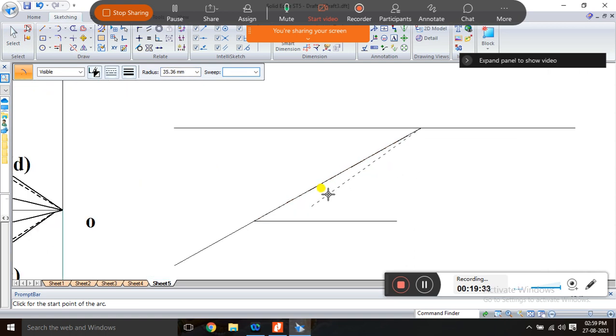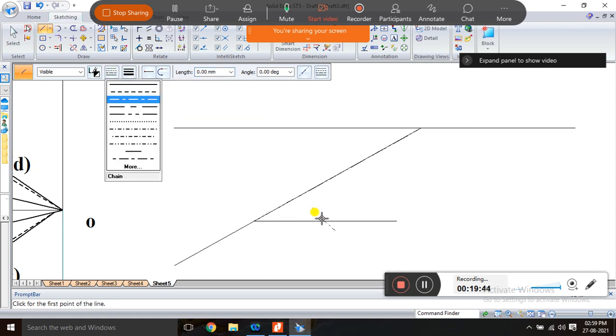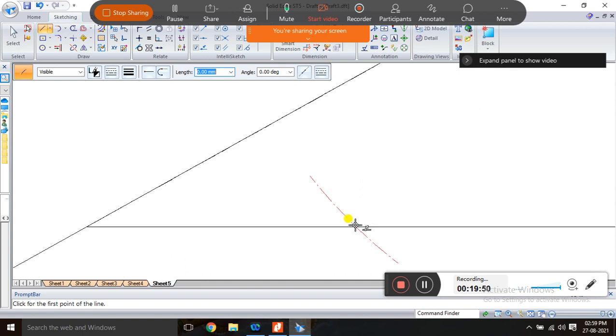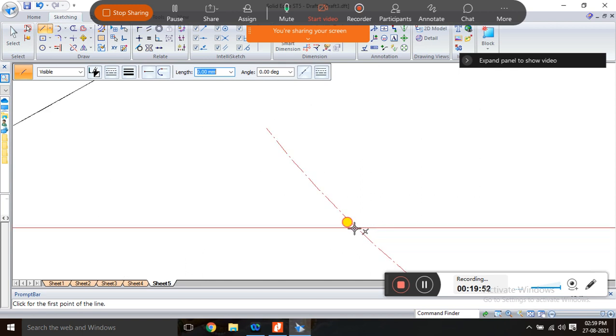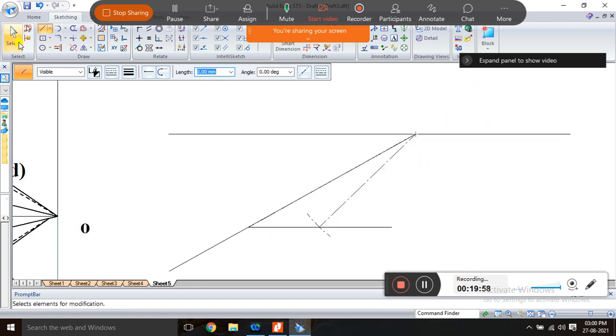Take that arc distance and cut the arc. Then take the line. Actually that will be the actual O1. Place here and join. So that will be the actual axis.